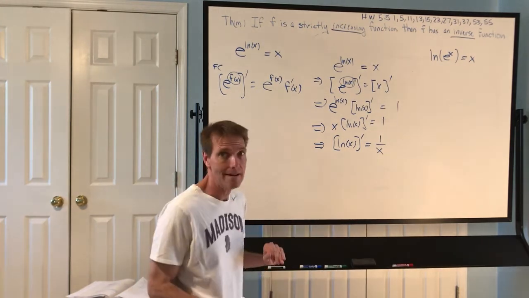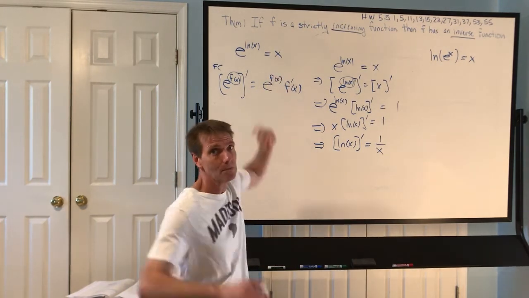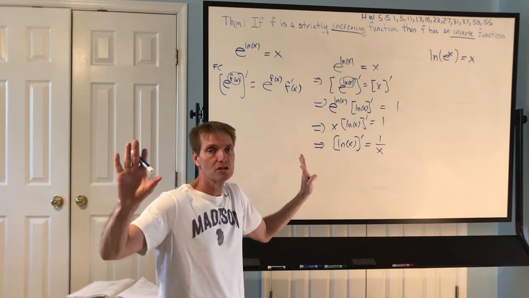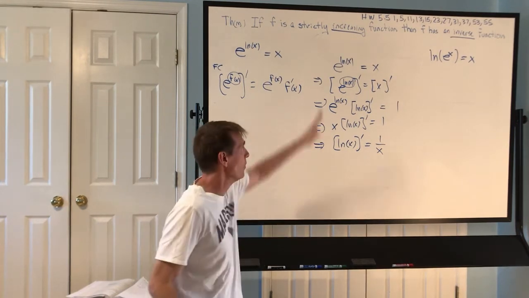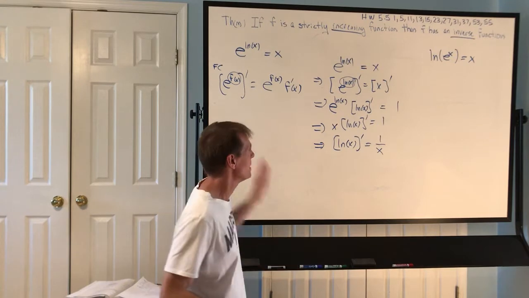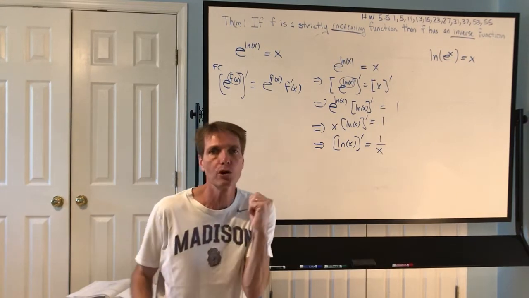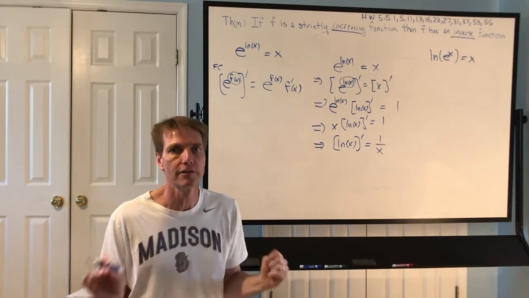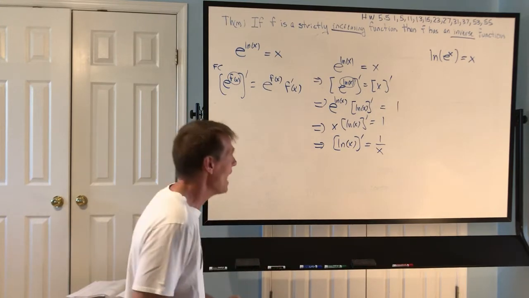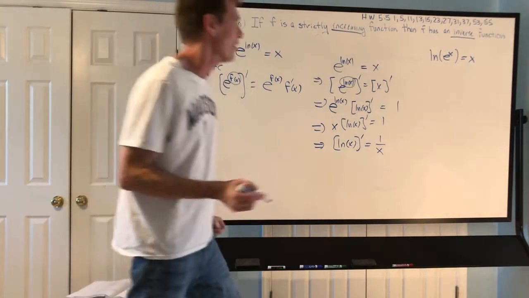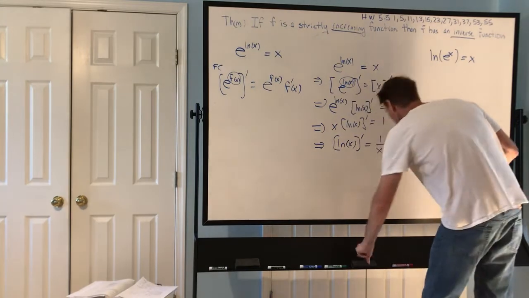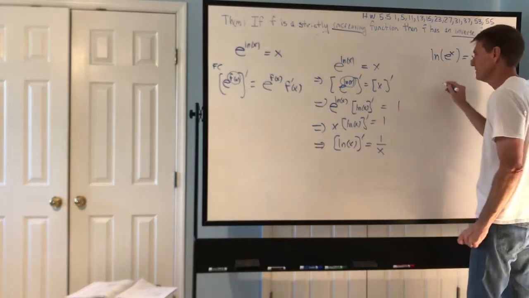We just used the basic property of relating exponential functions to their inverse, the natural log. We took the derivative of both sides, and lo and behold, without any work whatsoever, we get the derivative of the natural log. So that is definitely a flashcard.